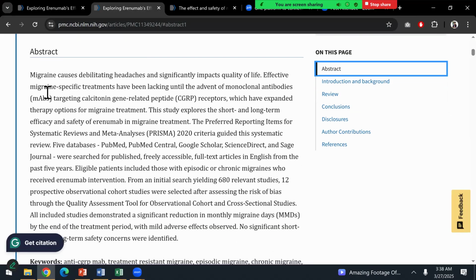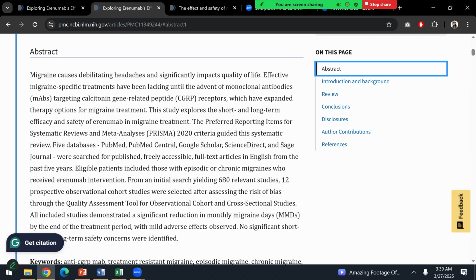So this is the unstructured abstract in which migraine causes debilitating headaches, that is background. So I added a little bit of background up in here. Background and study objective. The study explores this. So background and then one line of your research goal and then your method section.